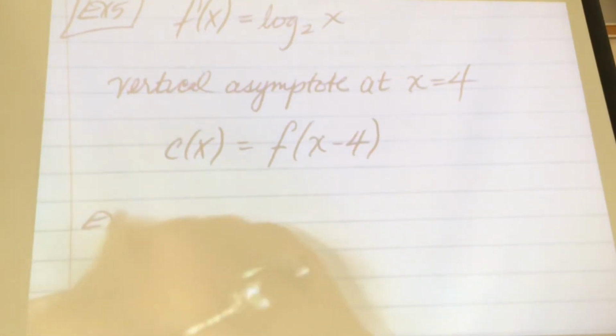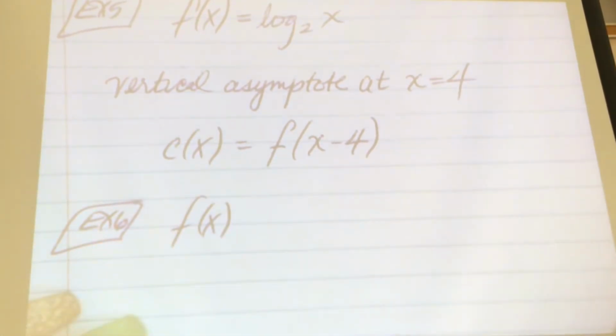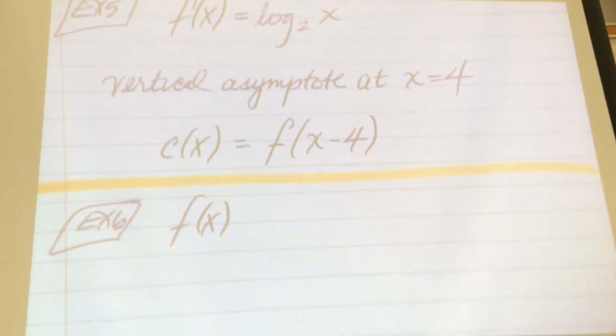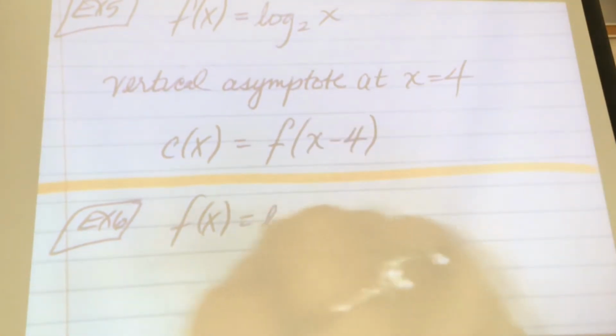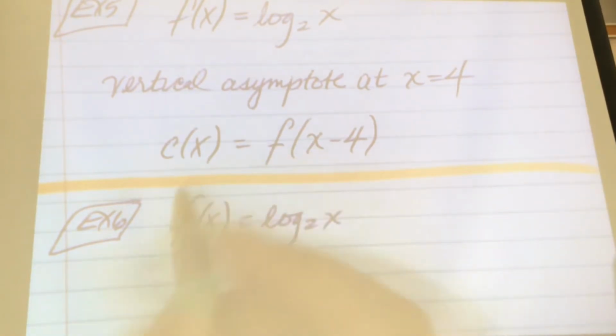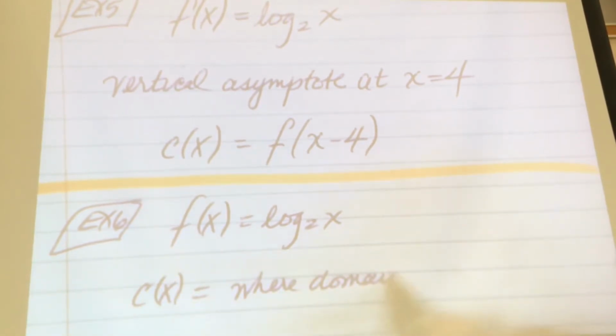Example 6, what if they tell me that they want this function again? And they want me to create a function c of x where the domain is negative infinity to 2.